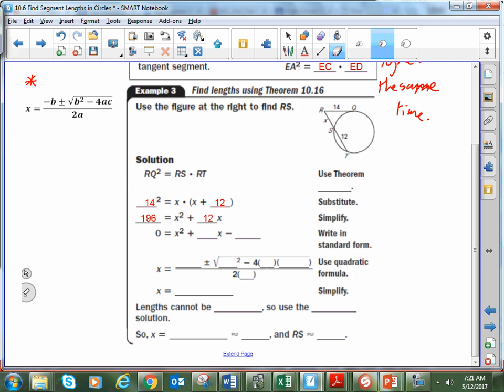Now, the reason why I know I'm going to have to set this up as a quadratic equation, what we would normally refer to in algebra as 0 is equal to ax squared plus bx plus c, is because I have an x squared on the right side of the equal sign, but nothing at all x on the left side of the equal sign. So we're going to take the 196 from the left side, move it to the right side, and we're going to wind up with this.